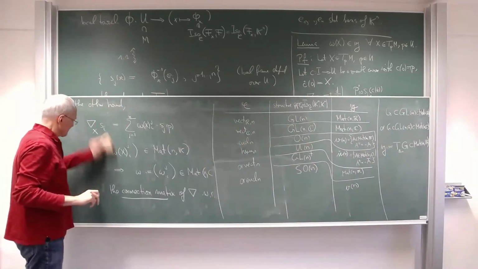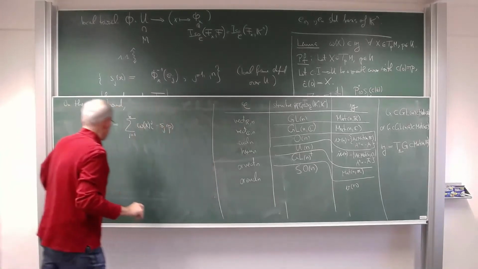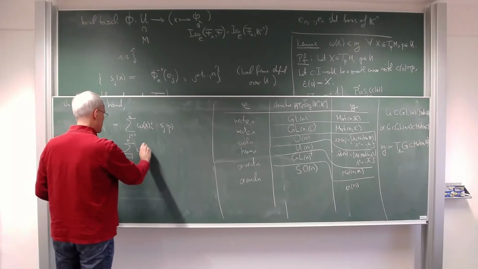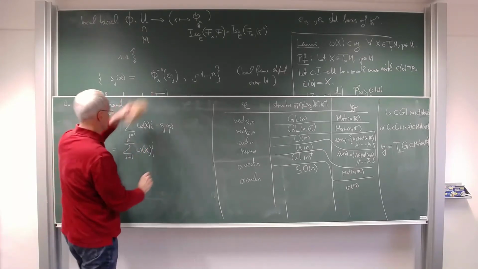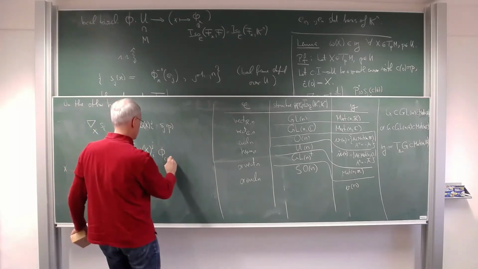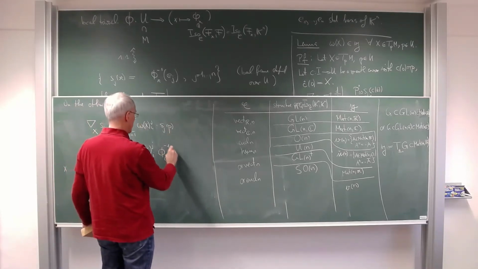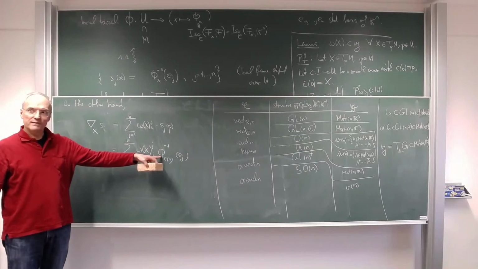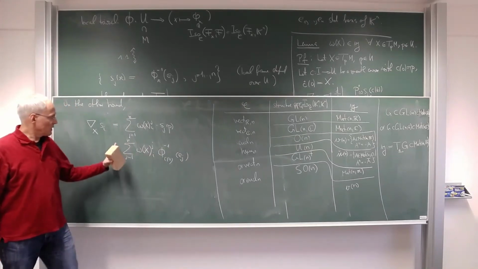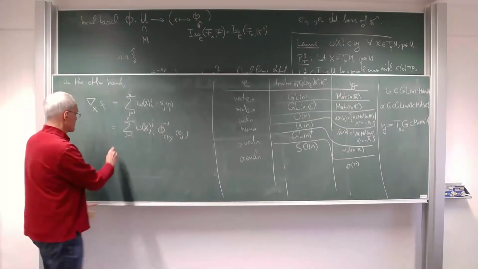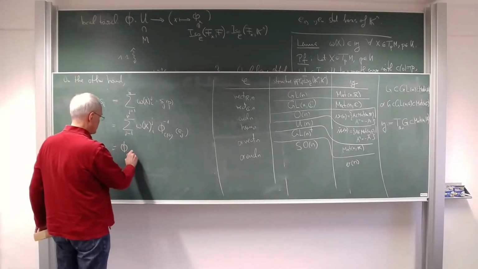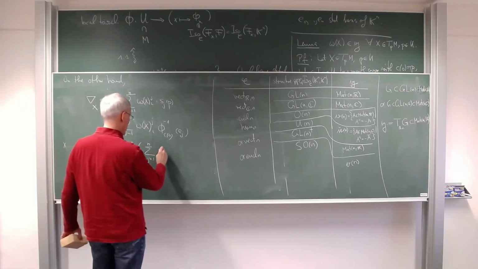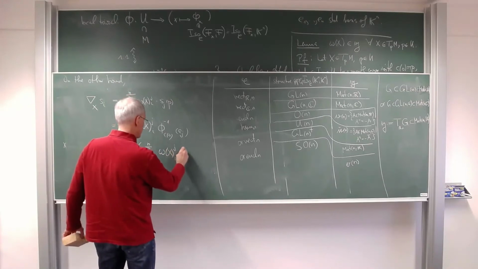On the other hand, we have this, which is sum j from 1 to n as coefficient, and then by definition I have phi at c of 0, which is p to the minus 1 of j. And now this thing is a morphism in the linear category, so that's a linear map. So I can equally well push the coefficients in the sum inside. So I can also write this as phi at c of 0 to the minus 1 of sum j equals 1 to n, these coefficients times ej.